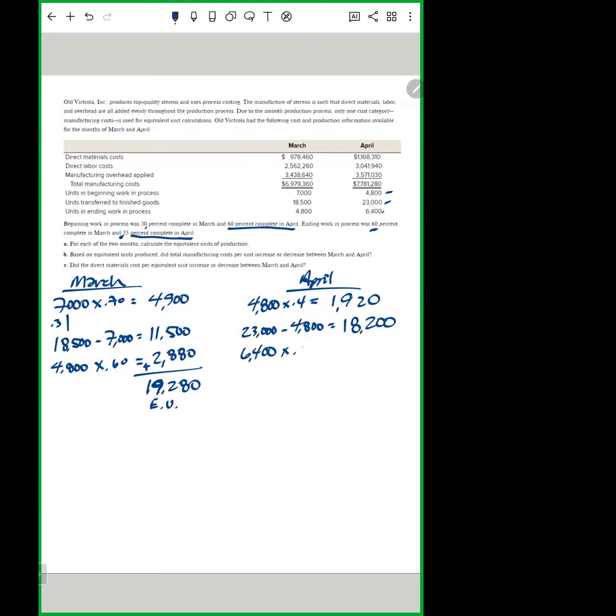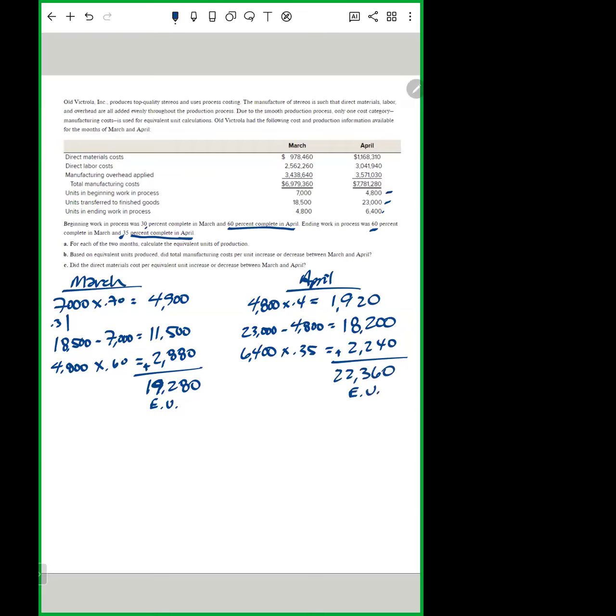So times 0.35, because that's actually the April piece. And the remaining pieces belong in May. So 6,400 times 0.35 gives me 2,240. And if I add all of that up, 1,920 plus 18,200 plus 2,240 gives me 22,360. Here we go. And this is equivalent units.